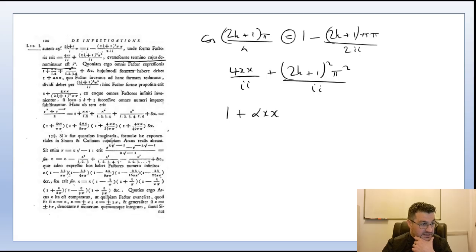So he's saying here, to bring the factor into this form, it's necessary to divide by 2k plus 1 squared pi squared over i squared, and therefore an arbitrary factor will be 1 plus 4x squared.